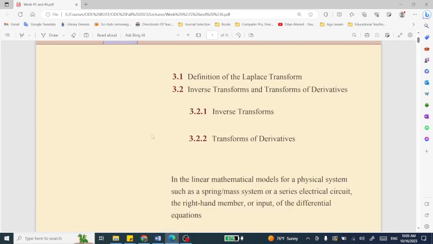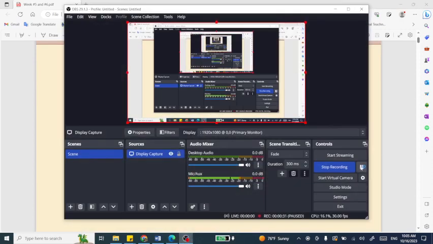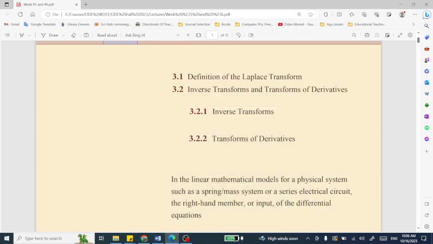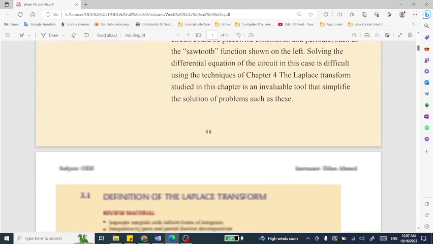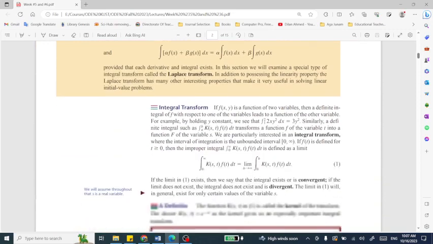You can see from the name that we have Laplace, and it's called transformation. Of course, we have an integral. We are going to use two things to define Laplace.